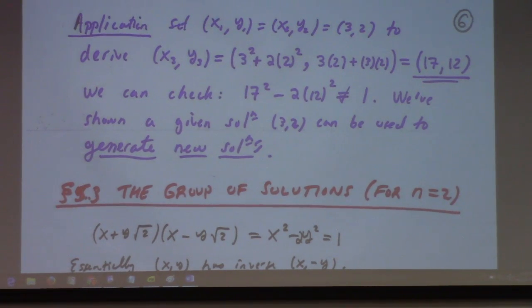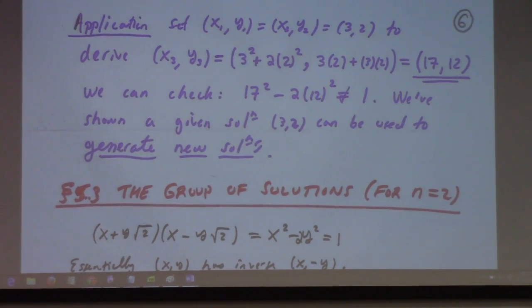Well, that starts to be less obvious, right? 17 squared minus 2 times 12 squared is 1. 289 minus 288 is 1, right? Obviously, duh. But you could take 17, 12 and look at it as 17 plus 12 times root 2 and multiply it by itself and generate another solution.